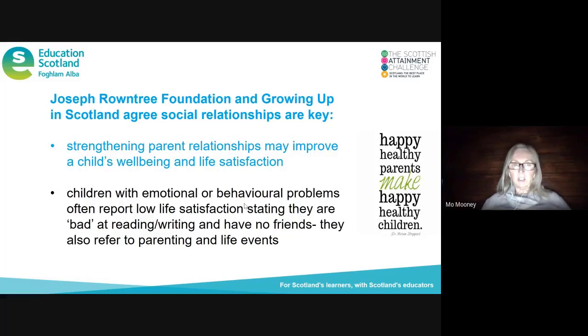So the challenge, if you like, for us is to think of inventive ways that we can involve parents more in their children's learning. And I think in some ways, the online learning has maybe helped with that as well. Now, I know for some families it's made it harder and there's less engagement, but the research that certainly we've seen recently suggests that there's families engaging with schools remotely that would never have went near a school.